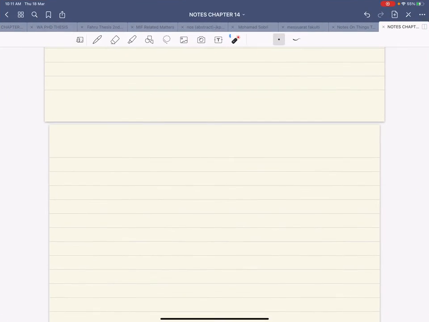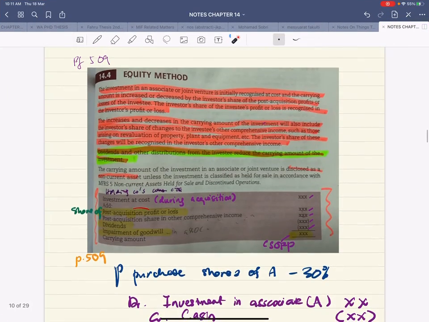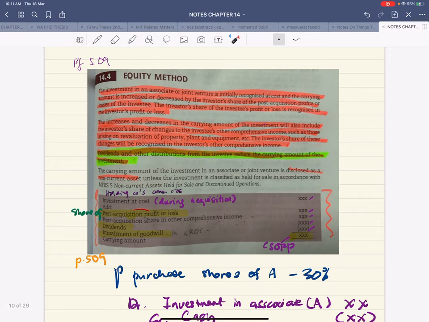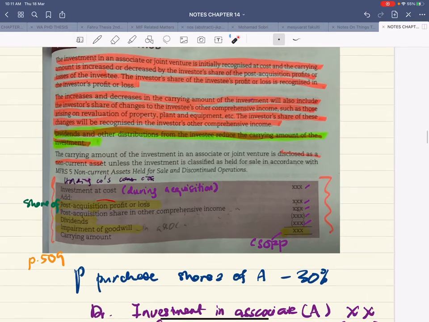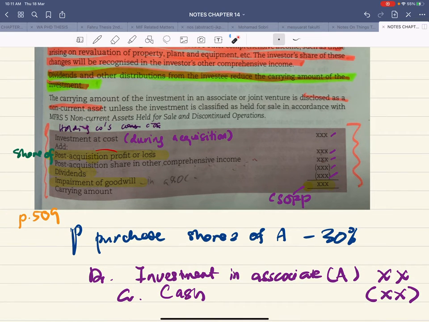Okay, so if you remember, the formula that we use, in your book, page 509, is investment at cost plus post-acquisition profit or loss. So post-acquisition profit and loss is also influenced by items that influence the profit and loss. For example, if there is additional depreciation, or if there are intercompany transactions where you need to eliminate the profit part.